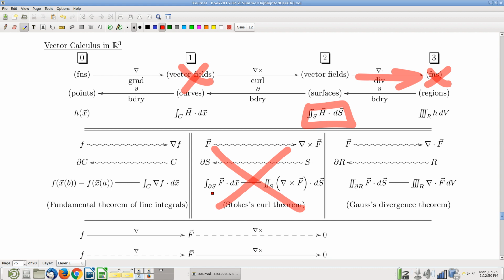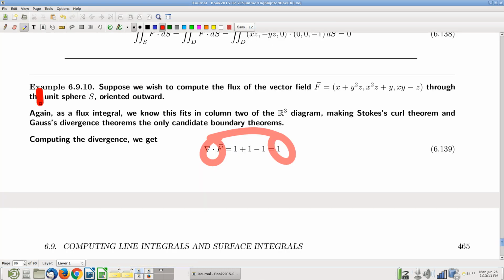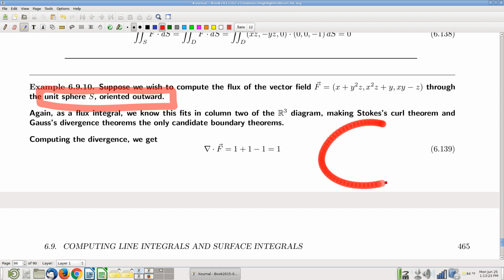So our only hope for this is maybe Gauss's divergence theorem. For that purpose I would need an anti-boundary. Is there some solid whose boundary is our surface? Well, our surface is the unit sphere oriented outward.